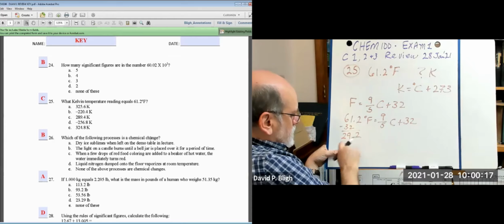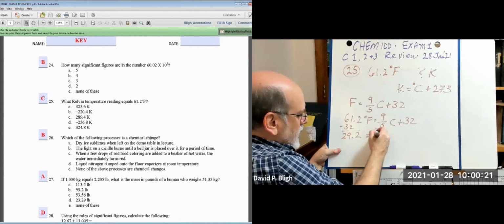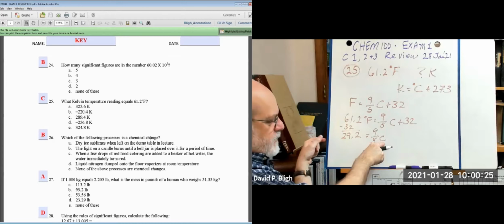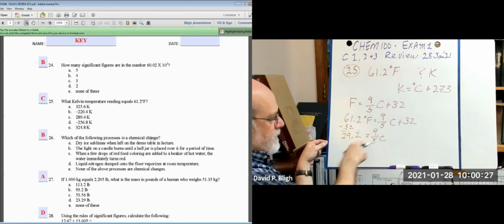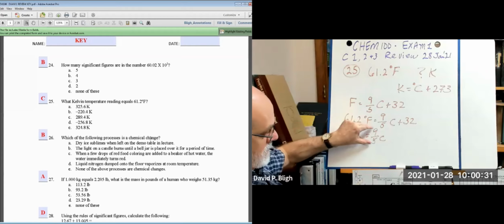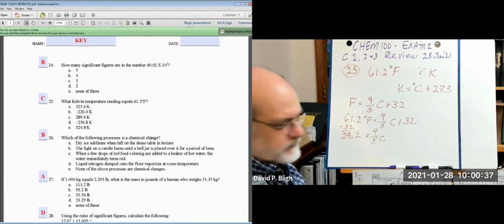Well, let's just leave the math just like it is. 9/5 C. Now to solve for C, we say 5 times this divided by 9, right? We're crossing the equal mark, so this quotient flips over. So 5 times that divided by 9 is what?